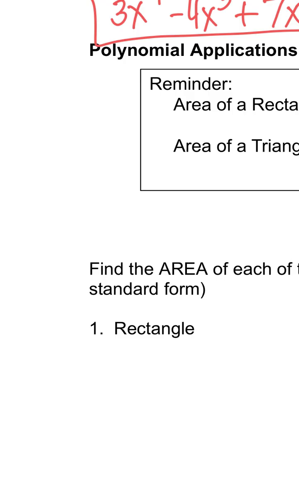And the area of a triangle is half of your base times your height. It says find the area of each of the following and write your answer as a polynomial in standard form. So that's what we've been writing everything as, multiple terms in standard form.